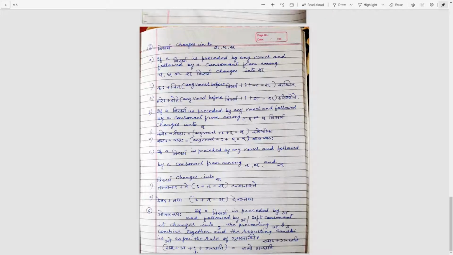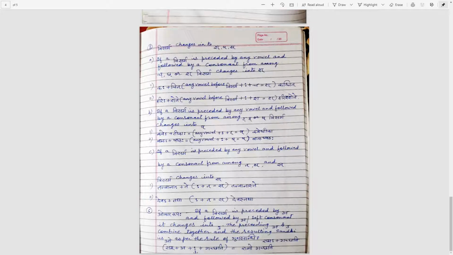We want any vowel before the visarga. Here we have a, and after the visarga any consonant out of these three: ta, tha or sh. We have ta here. So in place of visarga sh of Shatkon will come and kaveshtika will be the answer.